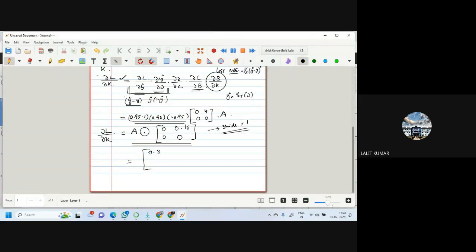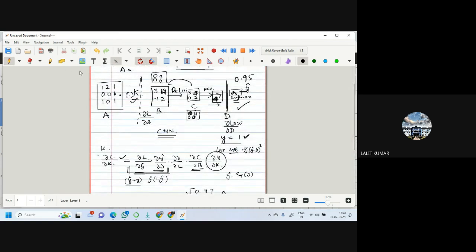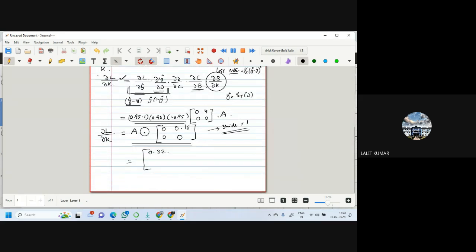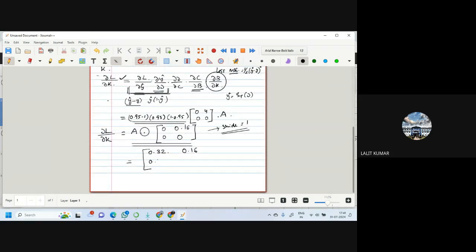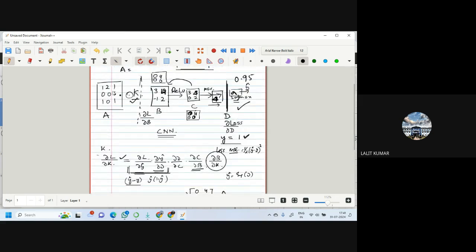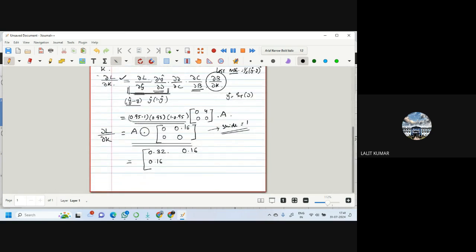This becomes 0.32. You apply it here, you will get 0.16. You apply here, you get 0.16. You apply here, you will get 0.16. So now you have got del L by del K, and now you can update K, K is equal to K minus eta into del L by del K.